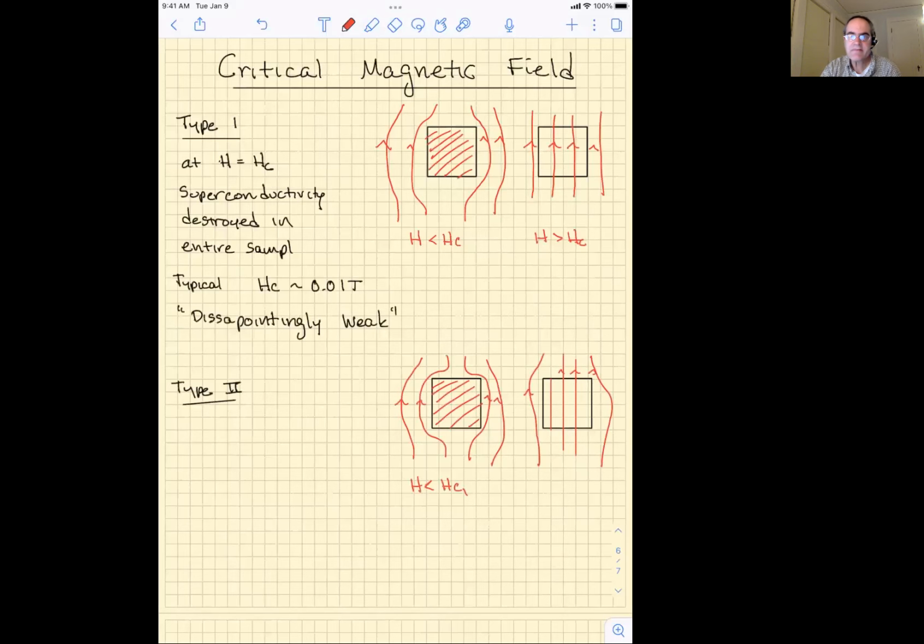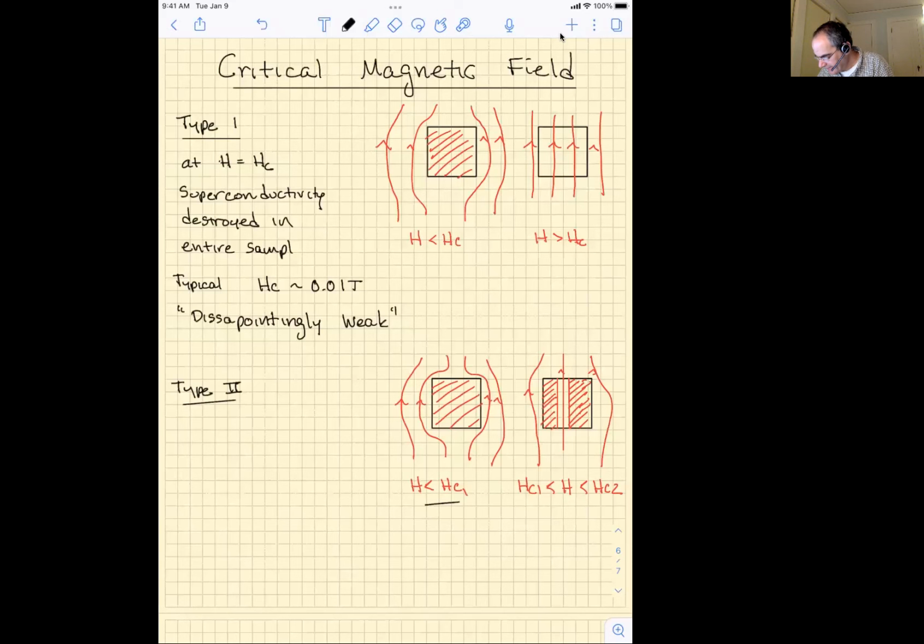Let me just finish this drawing. In a type 2 superconductor, for fields below Hc1, the first critical field, it behaves just as the type 1 did. Magnetic flux is completely excluded.